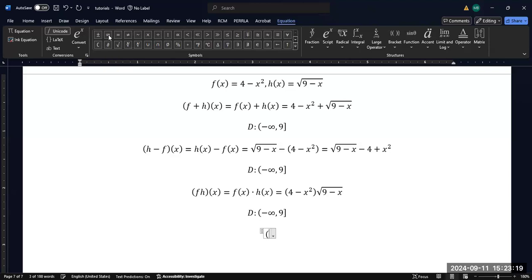Now, what about division? Let's do h divided by f. Again, this is h of x over f of x. So our numerator would be the square root, and then the denominator would be 4 minus x squared.